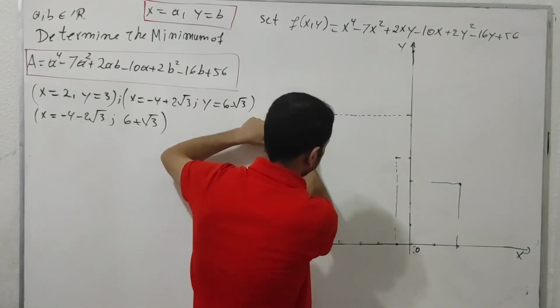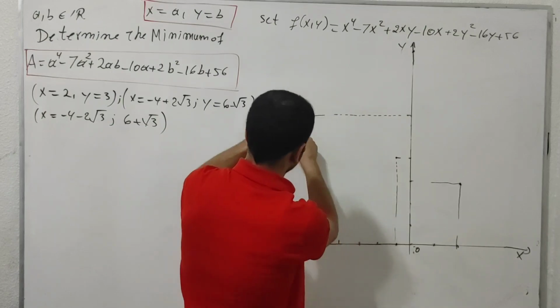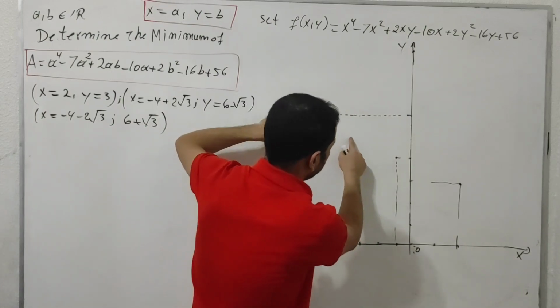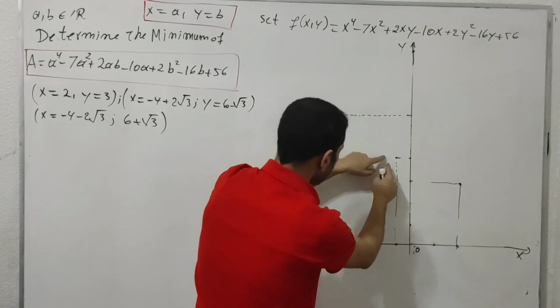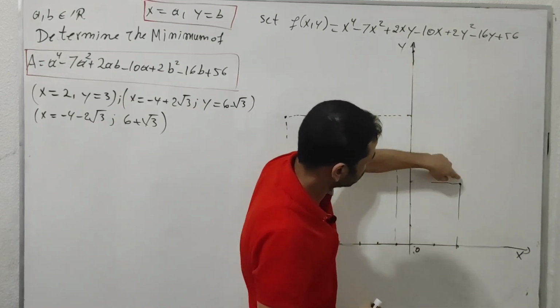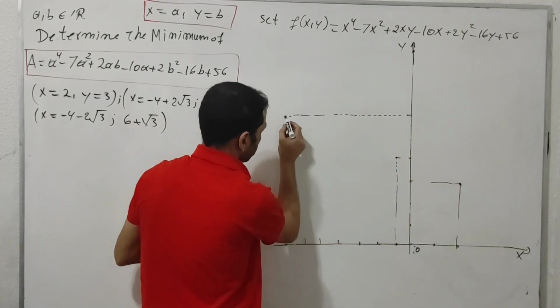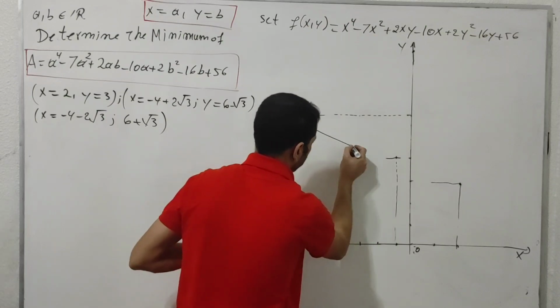When you go from this point to this point, as x goes up, the function is decreasing. It's decreasing here, and then it starts increasing up to 56 and comes down to this point. So that means the function becomes like this.